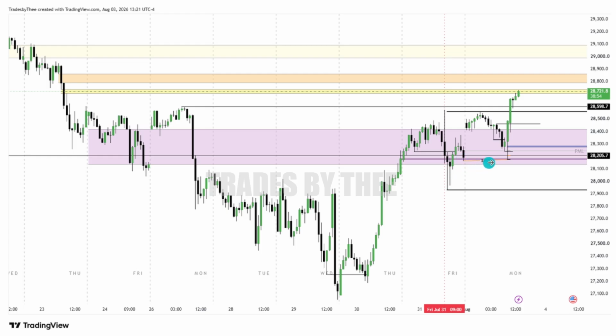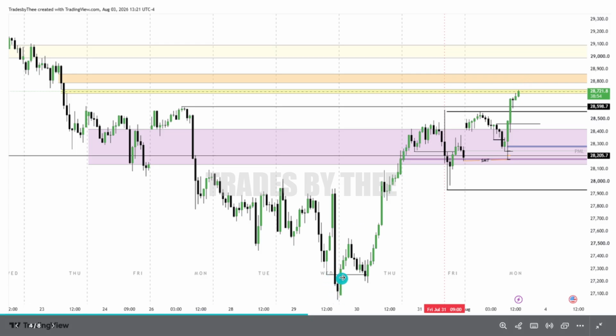We see an SMT formation, meaning that the S&P 500 went below this low, but the Nasdaq couldn't find enough strength. So it means that in this move, the Nasdaq is going to be leading this move towards the buy side liquidity and all the liquidity pools and imbalances that are lying outside of the range.